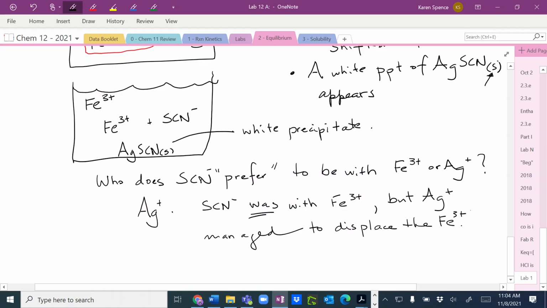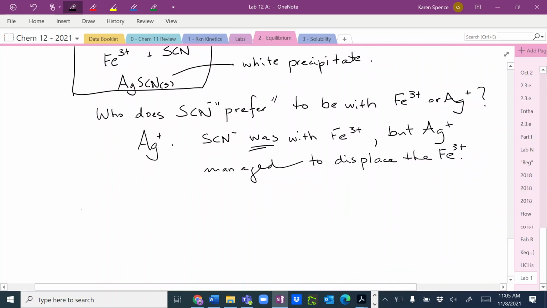And so this is where we get to when it asks us why Fe3+ can be used as an indicator. What is an indicator? Yeah, it shows us that a reaction is complete.